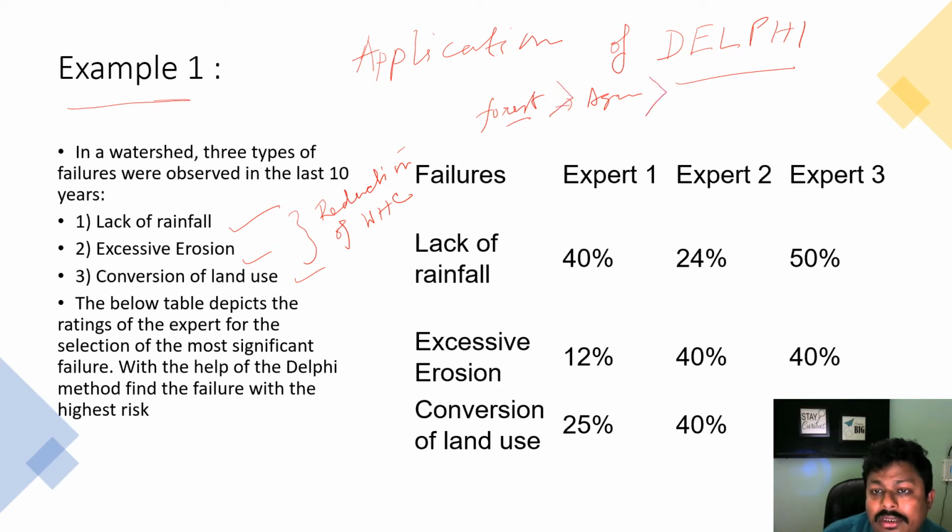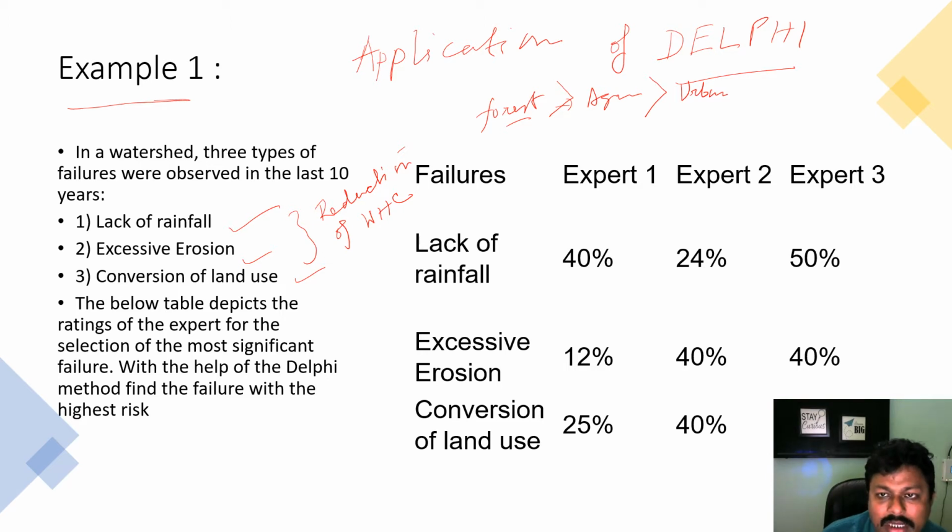And when we convert the land into urban land, suppose settlements or industry, there is no scope of infiltration, the land becomes impervious, and water after falling just runs off to the nearest channel.